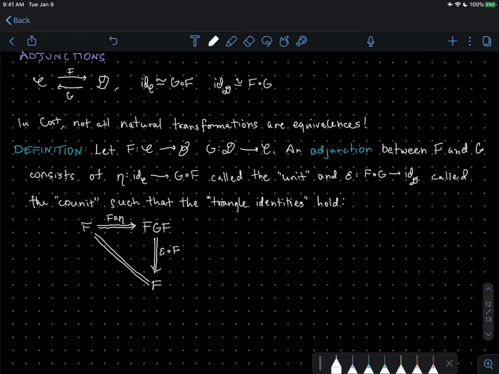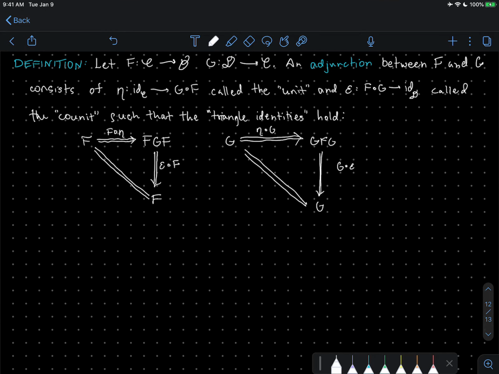And similarly, we can start with G and apply eta composed with G to get to GFG. We can then apply G composed with epsilon to get to G, and that should be the identity as well.